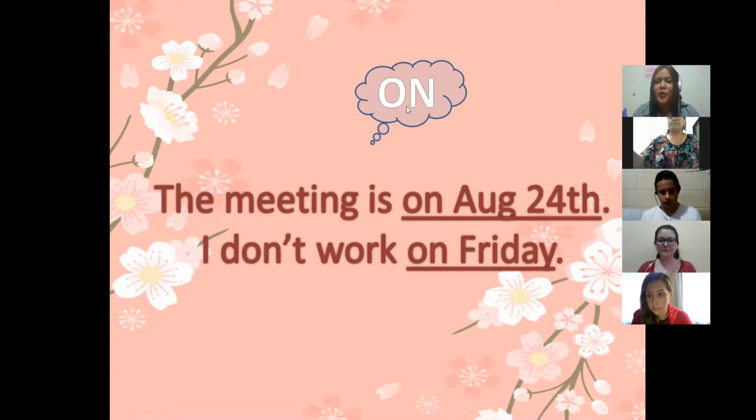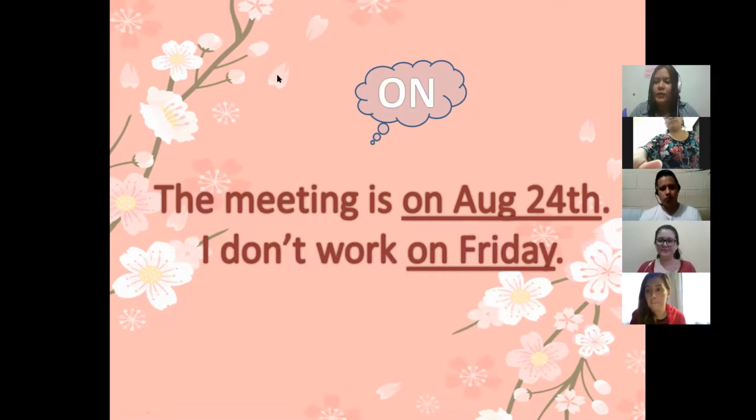So we are going to use on to talk about specific dates, right? August 24th, October 30th. What day is today? Today is October 29th, right?